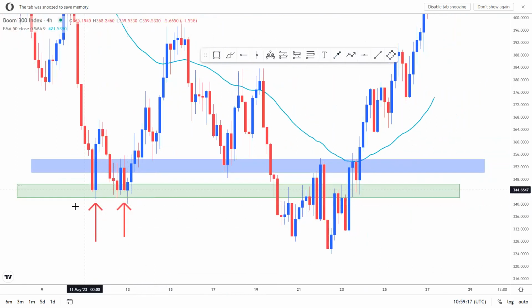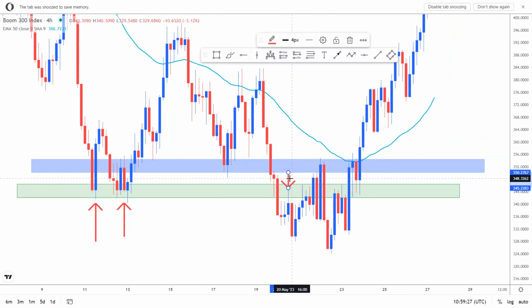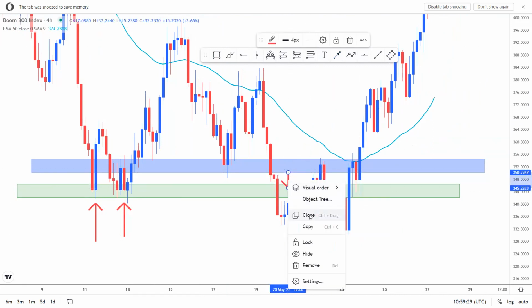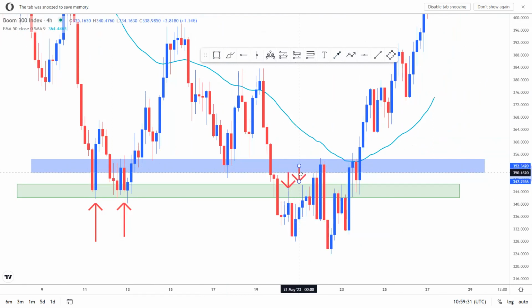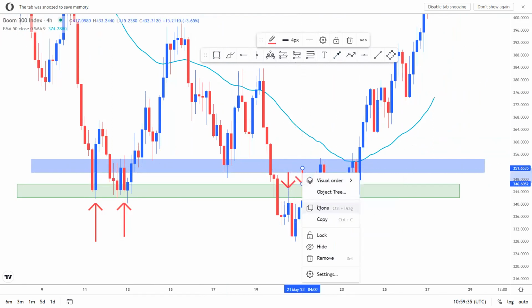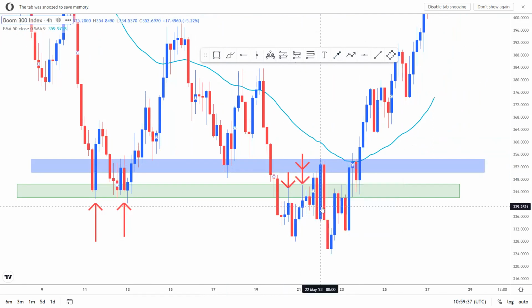So on these two occasions, the level acted here as a support. And then we have the resistance here. We have also the level as a resistance here. And then the resistance here also.